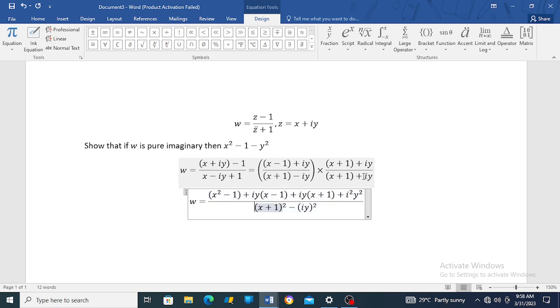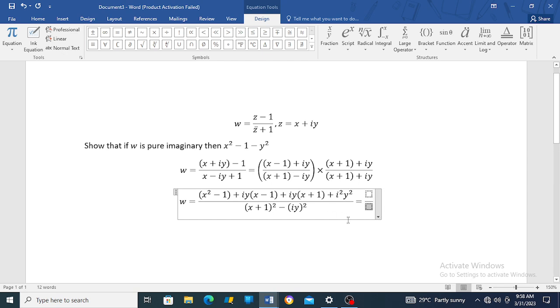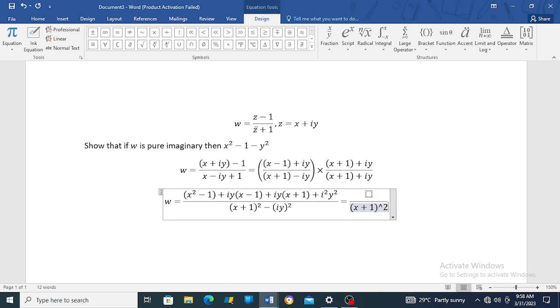Alright, so the denominator will be simplified. Here I'm just going to leave it as x plus 1 all squared, then here is supposed to be i squared y squared, but i squared is negative 1, it multiplies with this negative to give us positive, so we just have plus y squared.